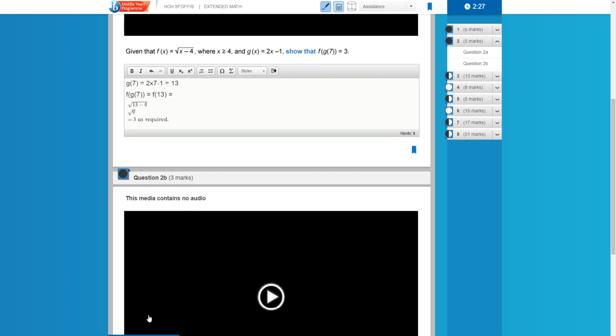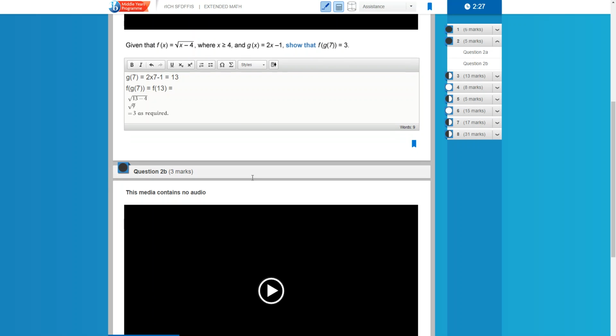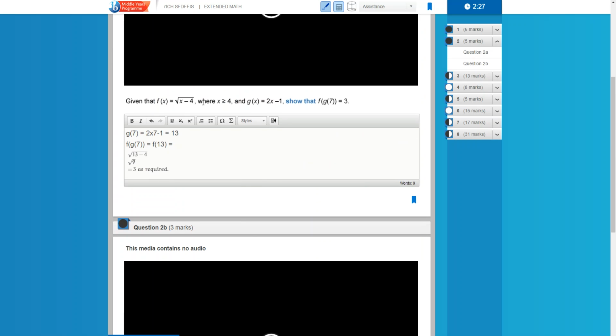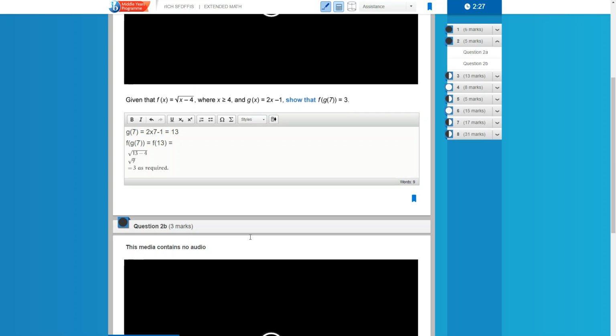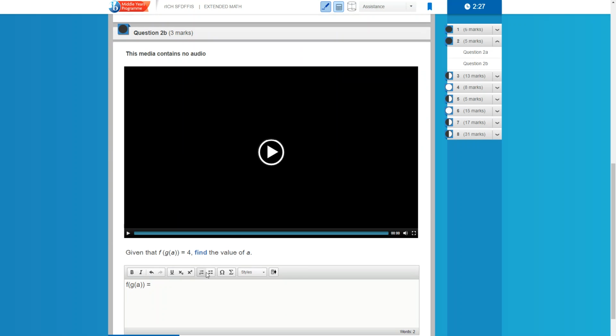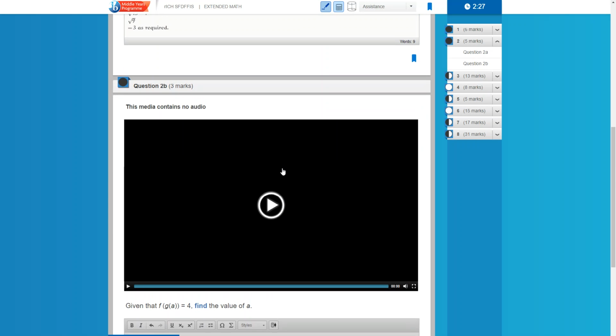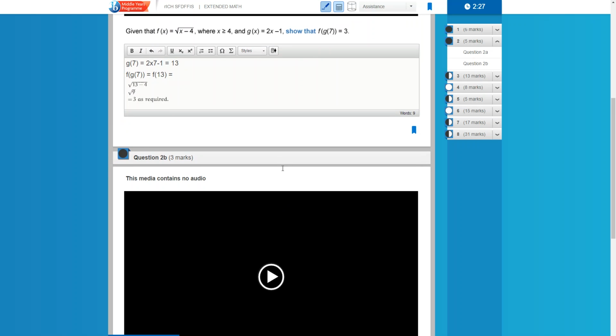Now this is where some people slipped up, okay? So what I'm doing is I'm putting g of a into f. I'm putting this into here, okay? So I've got the square root of, if I just go back up to check, this part is going into where x is, yes?